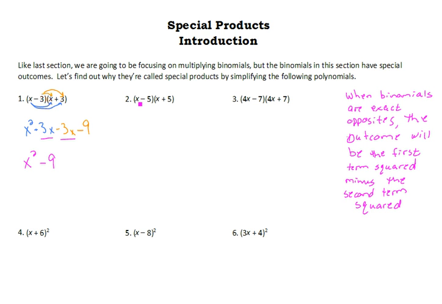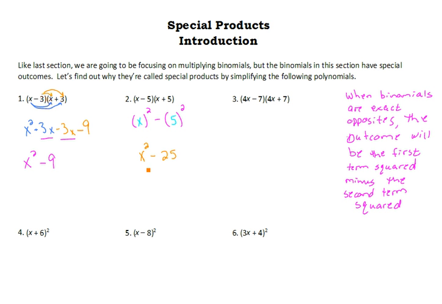I know then it's going to be the first term squared minus the second term squared. So I'm going to plug in an x here. I'm going to plug a 5 in there. And I'm going to go ahead and simplify that. x squared is x squared minus 5 squared is 25.